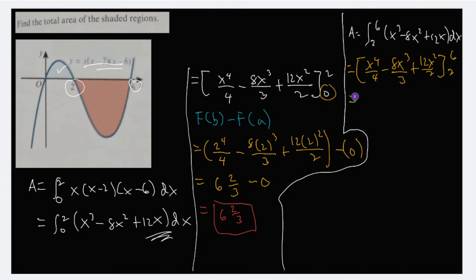Let's apply f of b minus f of a. This will give us 6 raised to 4 over 4 minus 8 times 6 raised to 3 over 3 plus 12 times 6 raised to 2 all over 2.